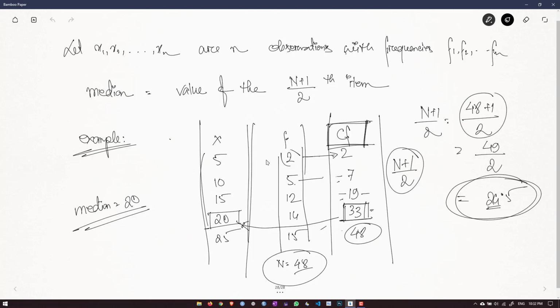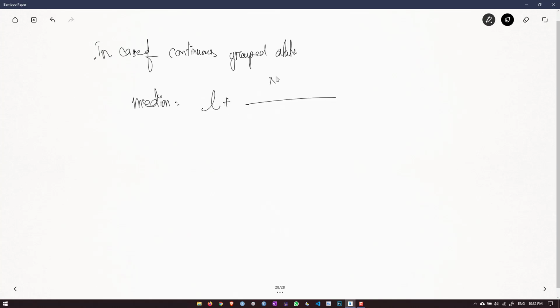Now we will look into the example of finding out median when you have class intervals, right? In case of continuous grouped data, median is equal to L plus (n by 2 minus fc) by f into h.